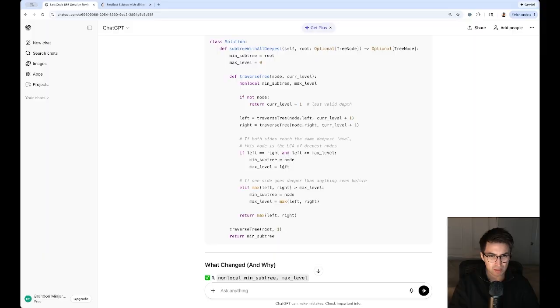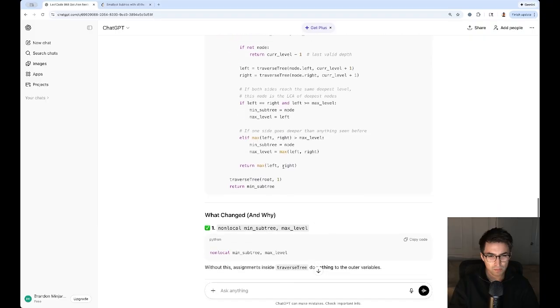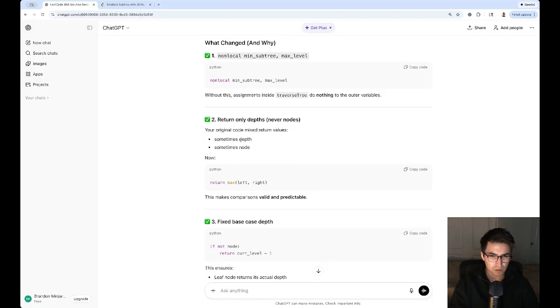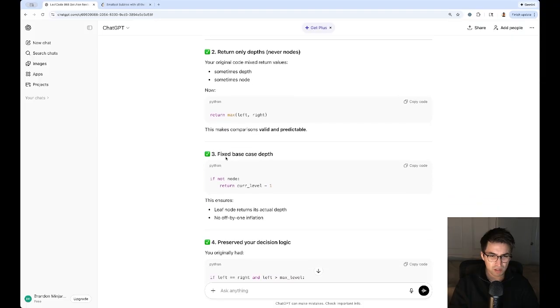Return the max of left and right. Okay. Original code makes return values. Got it.